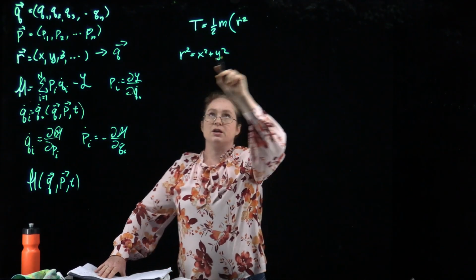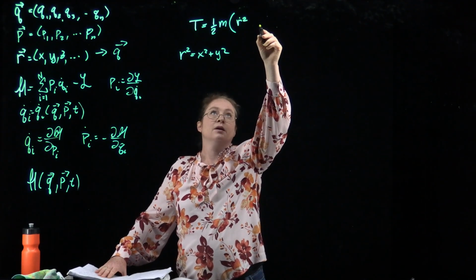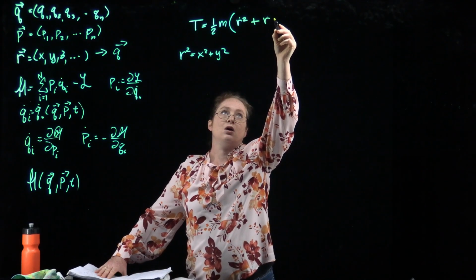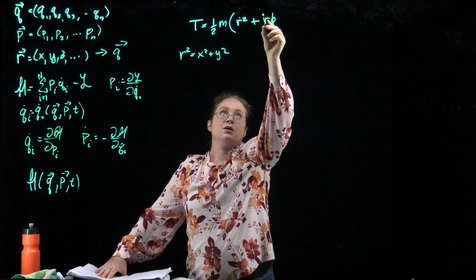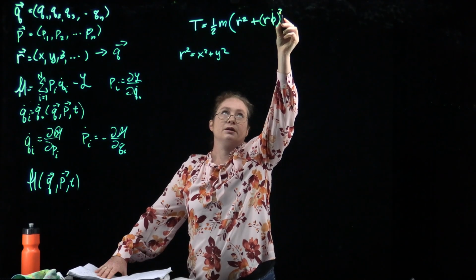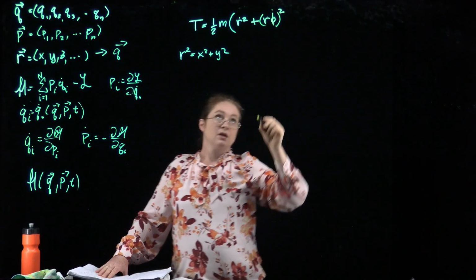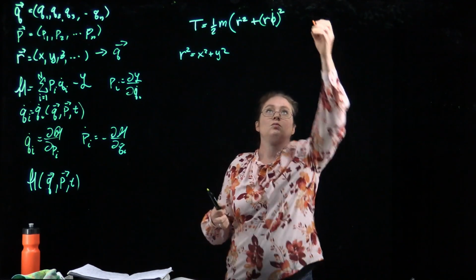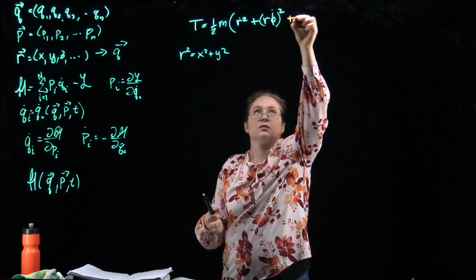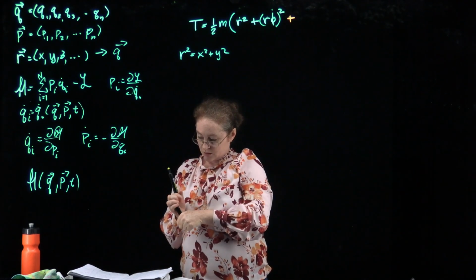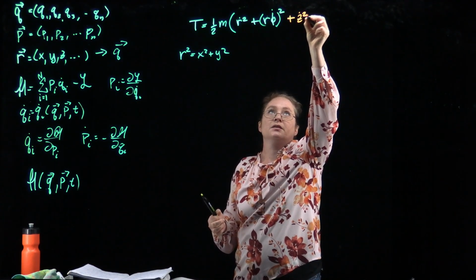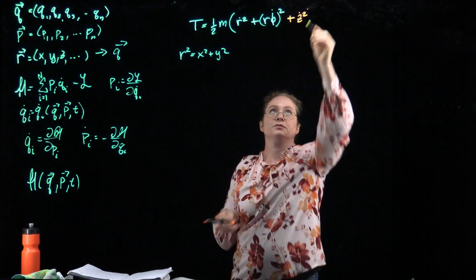That's for the change in r. And then for the change in phi, we have r phi dot quantity squared. And then if we consider possible motion in z, that's just a z dot squared.